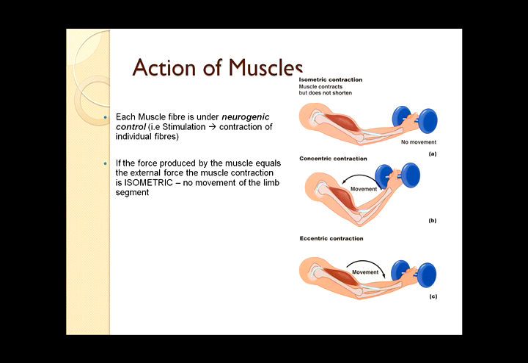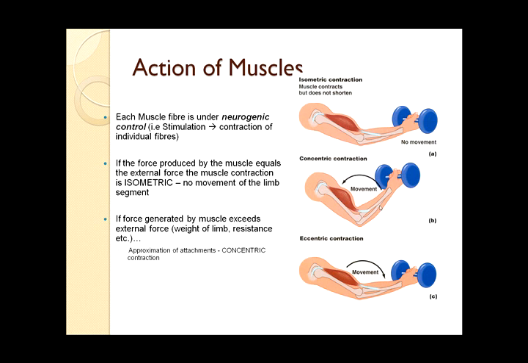If the force produced by a muscle is equal to the external force, as is the example in this first diagram here, if the force produced by biceps equals the weight that is being held in the hand, no movement will be produced at the relevant joint, and therefore we will end up with a muscle contraction known as an isometric contraction.